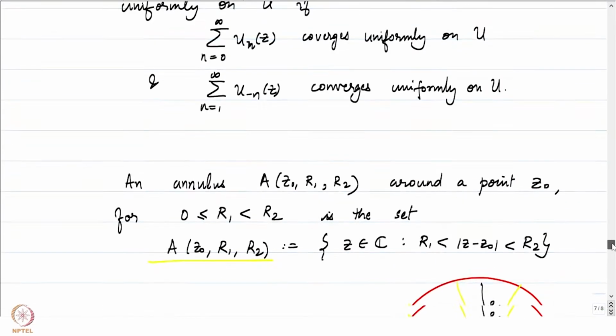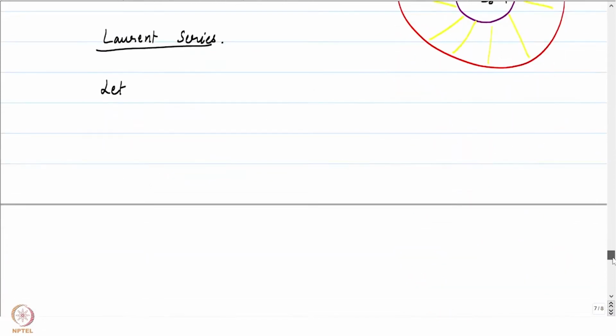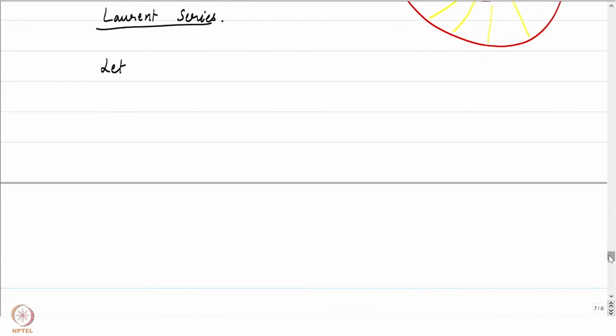Notice that R1 could be 0. What will happen if R1 is equal to 0? That is just going to be the punctured disk of radius R2 with Z0 removed, which is going to be of special interest to us, because that is precisely where our isolated singularities are. That is the domain we are interested in when studying isolated singularities.